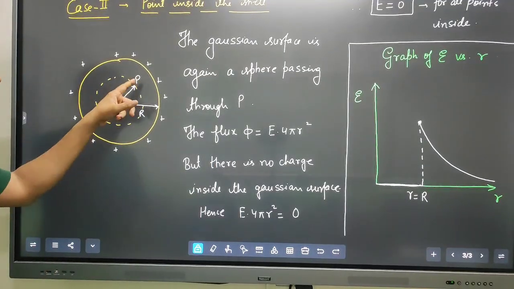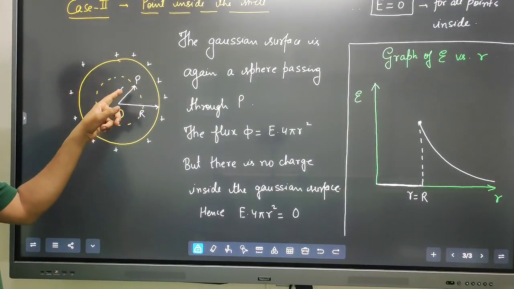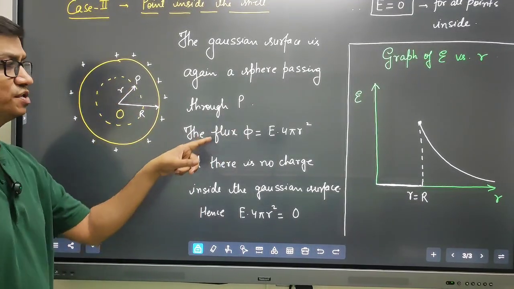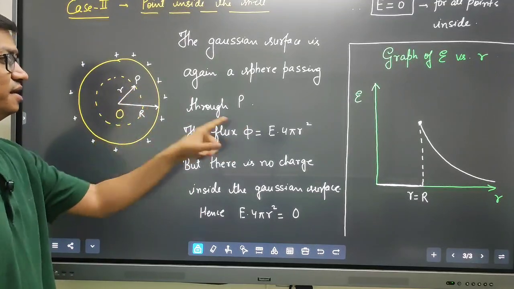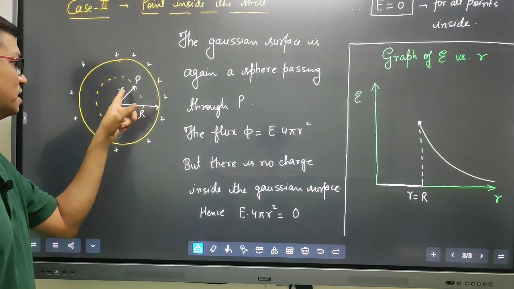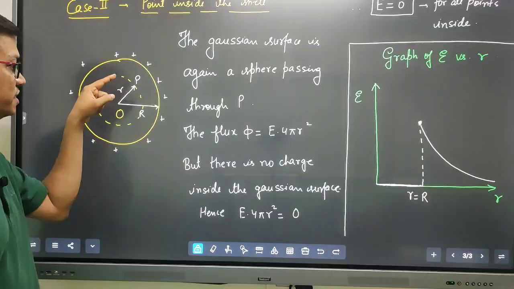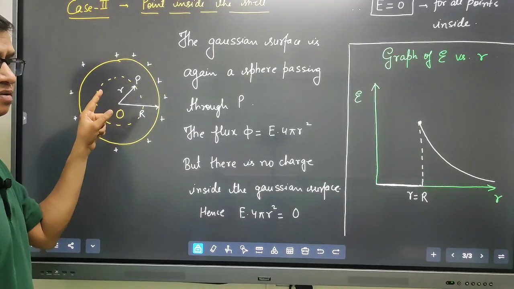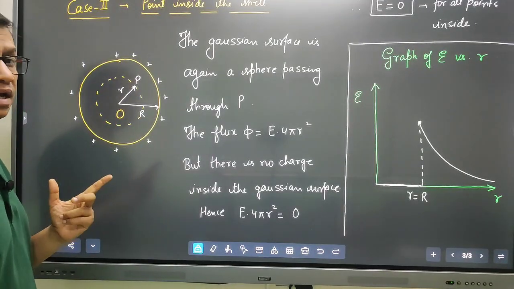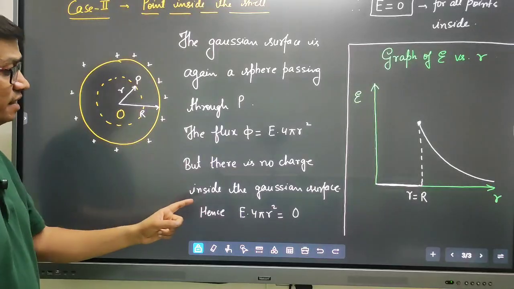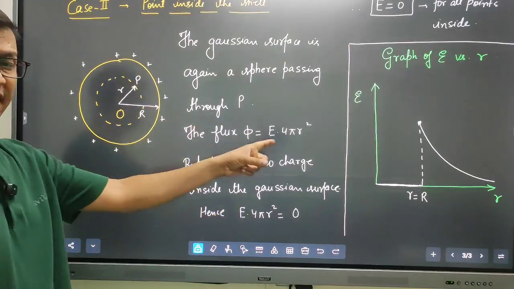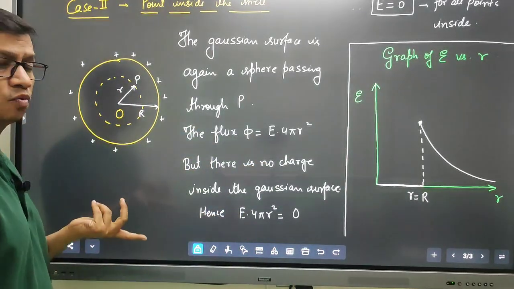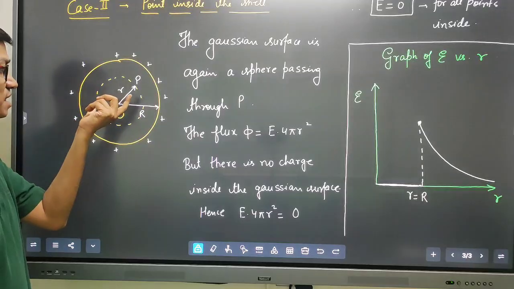Now what happens when point P is inside? There is no change in the flux calculation. Let's say electric field is E, so E into 4 pi r square. Now this r is this, the Gaussian surface is now inside, right? The change would be in the charge. When you write flux equal to net charge upon epsilon naught, what is the charge inside this Gaussian surface?